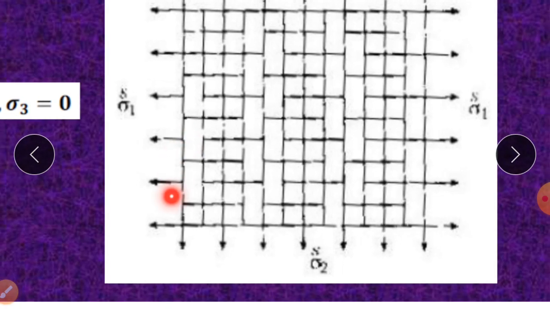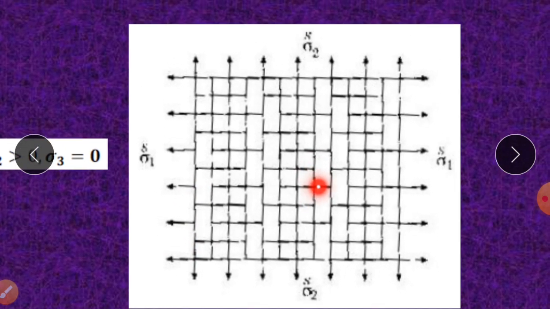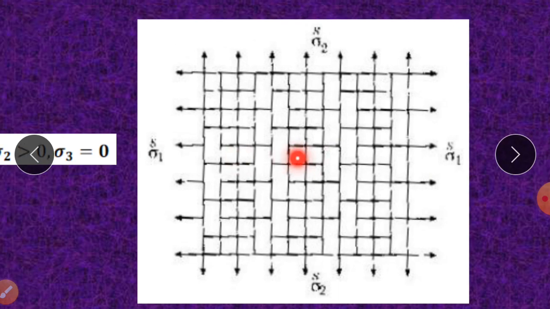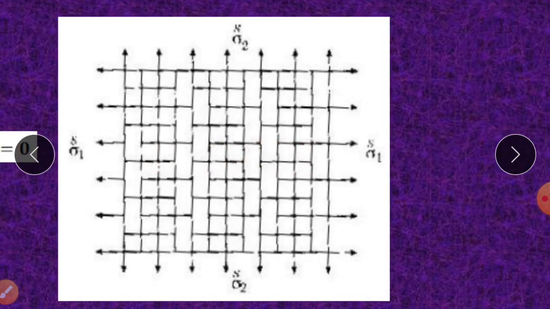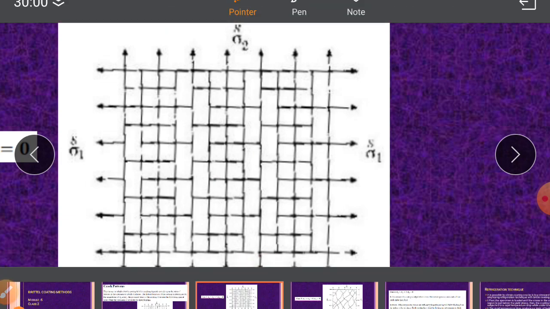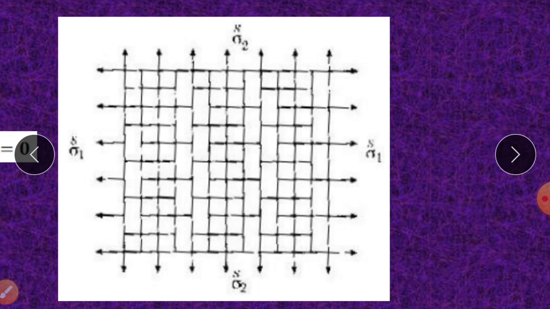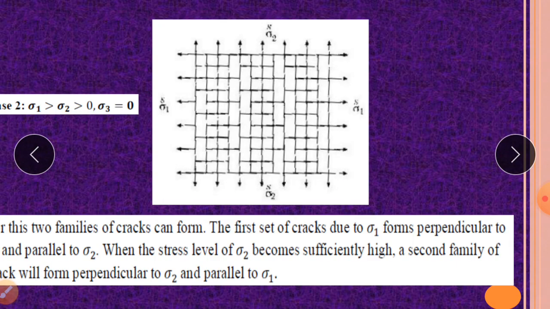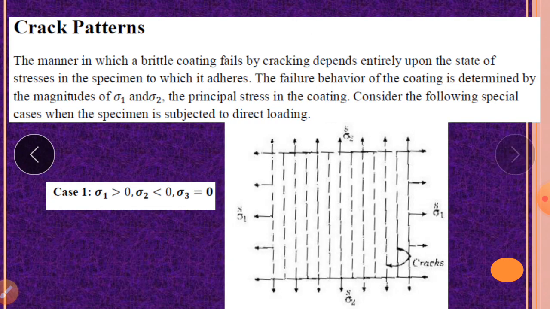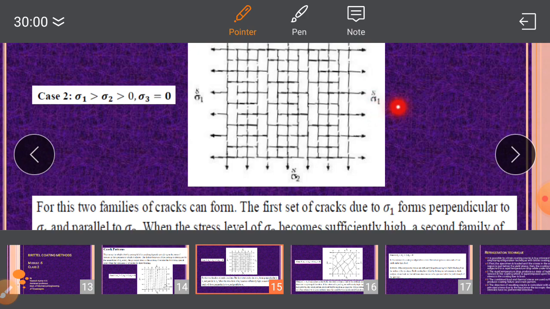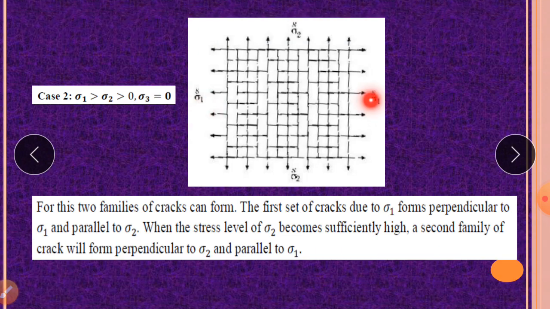So you can see the crack patterns in the diagram. This is sigma 1, and this is the direction of stress, and this is sigma 2. Both are applying stresses, and according to the condition, sigma 1 is greater than sigma 2, meaning sigma 1 has the higher value of stress which is applied first.